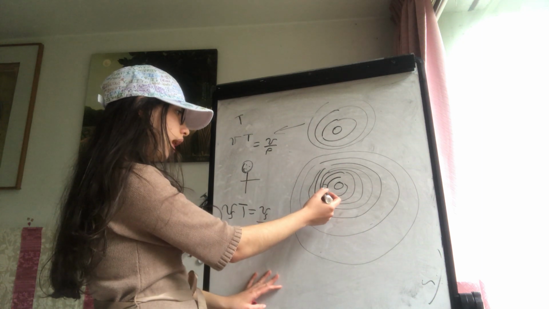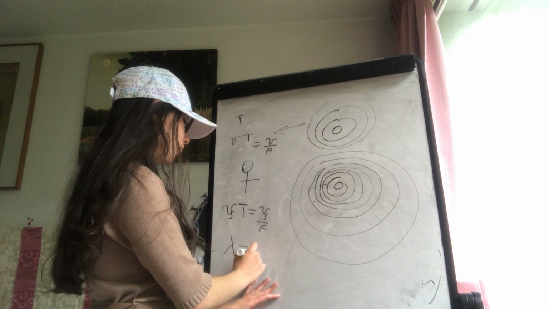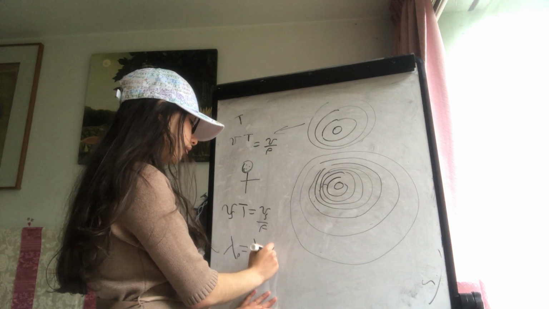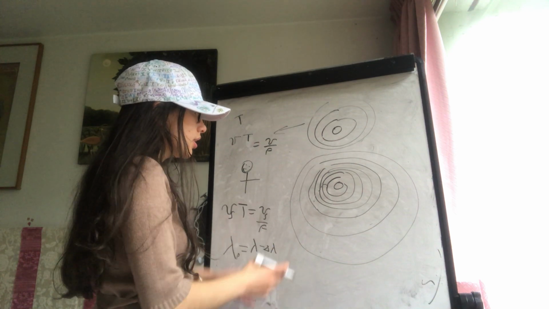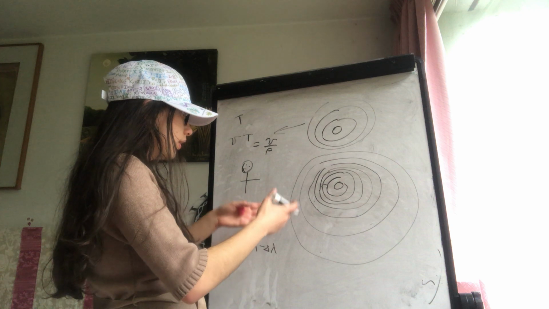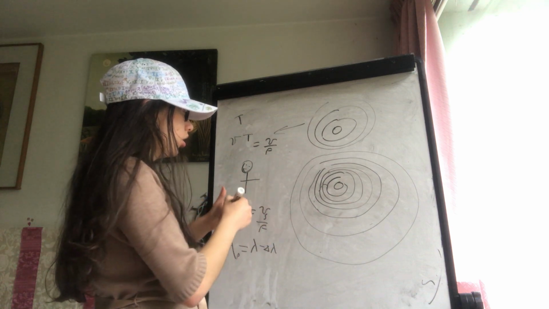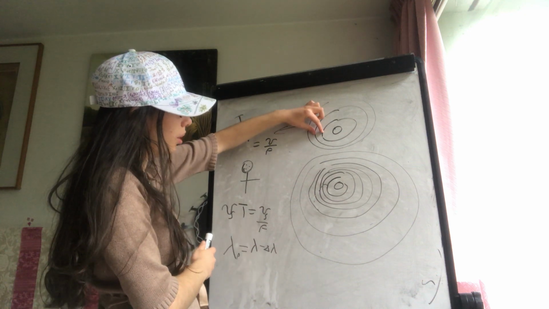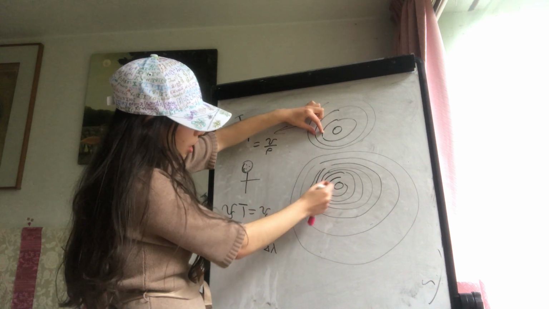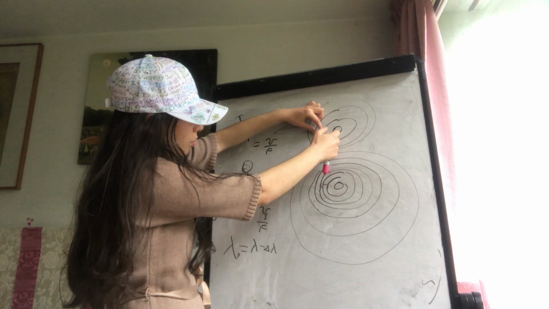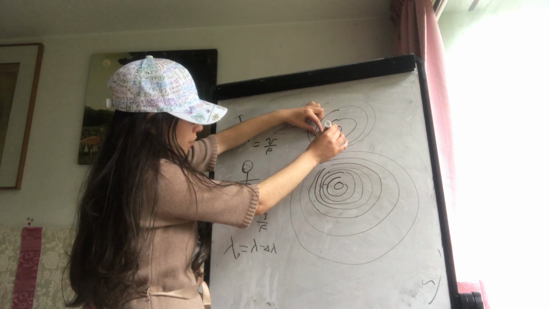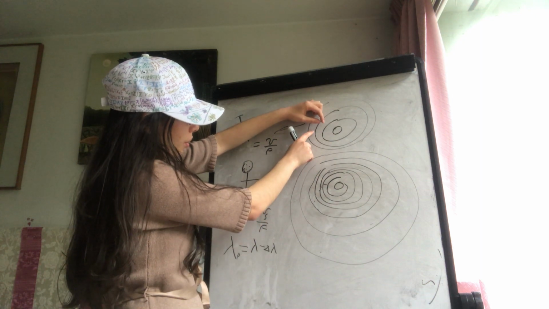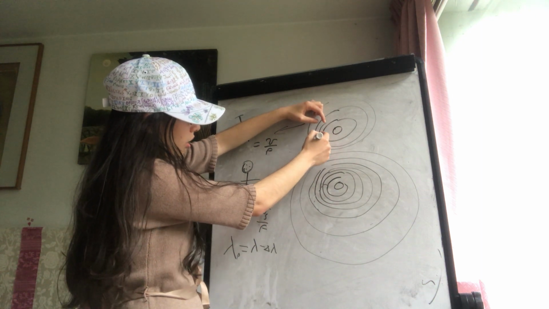It would be the wavelength of the sound wave minus a delta wavelength, and this delta wavelength is the distance that the source has moved. Here, for example, this is the wavelength, but if the source is coming close, then instead of the wave being here, it would be here.